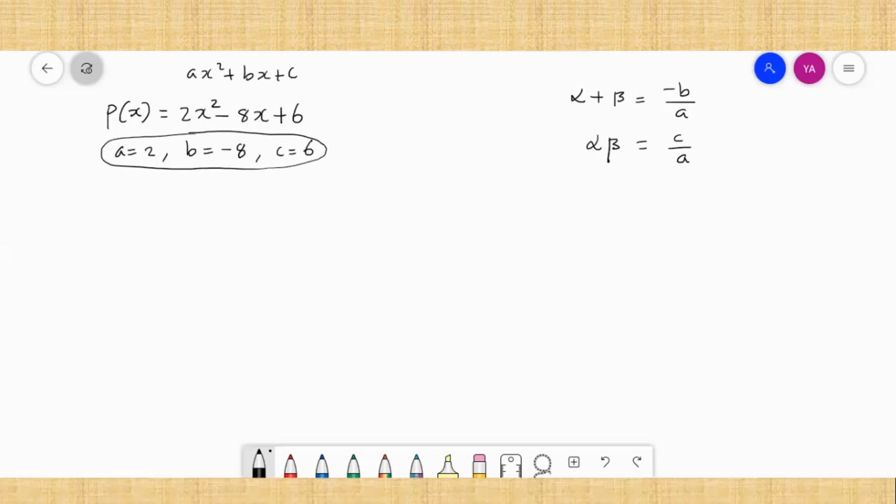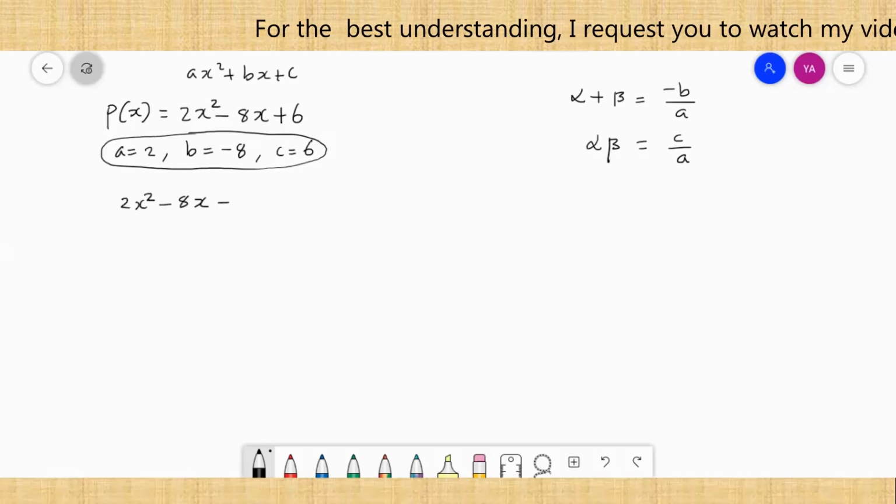Before that, we want to find the zeros. Zeros are not directly given. For that, in 9th standard, you have studied how to factorize, how to write a second degree polynomial as the product of two first degree polynomials. There is a technique. Suppose our polynomial is 2x square minus 8x plus 6.